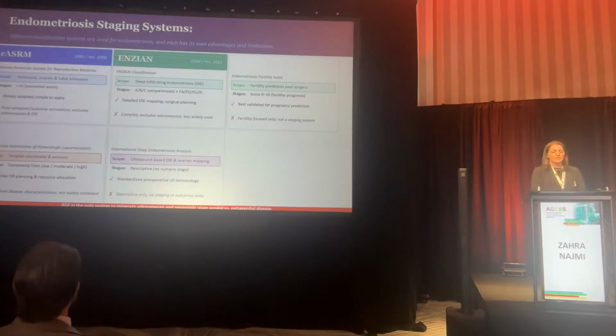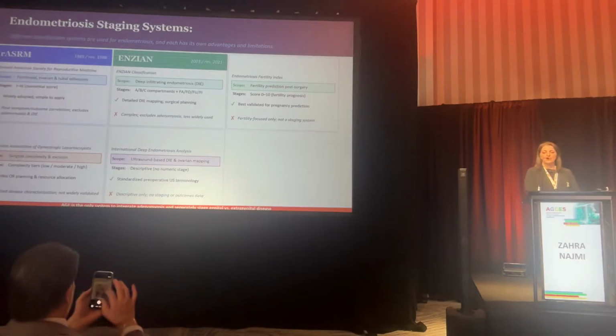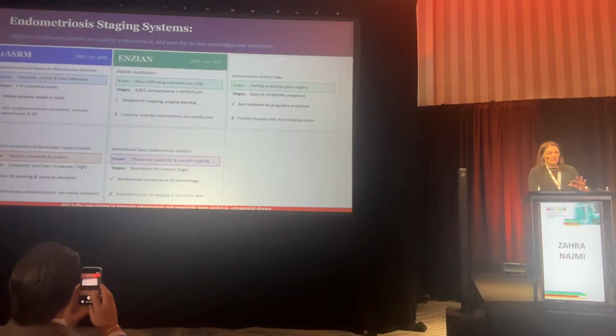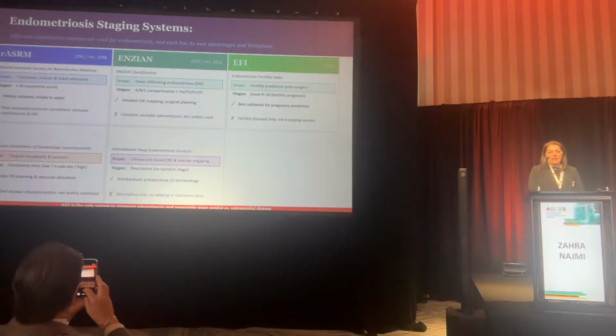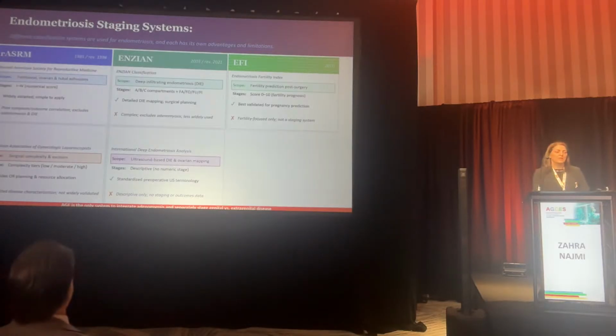Another classification system is the Asian classification system, introduced in 2003. It evaluates the endometriosis distribution in different A, B, C components, and can create a good mapping of DIE in detail and could help in surgical planning. EFI, or endometriosis fertility index, is another staging system for endometriosis, usually focused on fertility and pregnancy prediction after surgery.